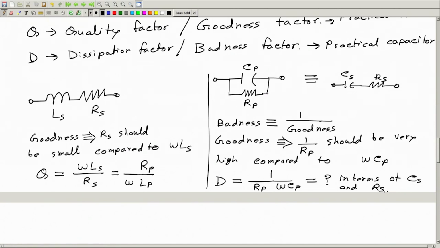Okay. So, in this video, in this class, we have learned two important concepts. Number one, series and parallel equivalence of a practical inductor or a practical capacitor, and how to compute the series parameters if the parallel parameters are given, or how to compute the parallel parameters if the series parameters are given. The other thing which we have learned is these two new terms, Q factor and D factor.